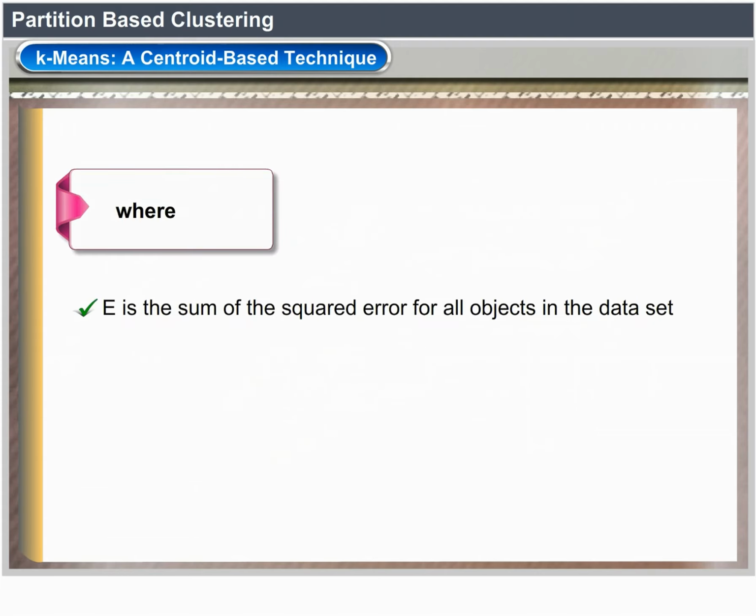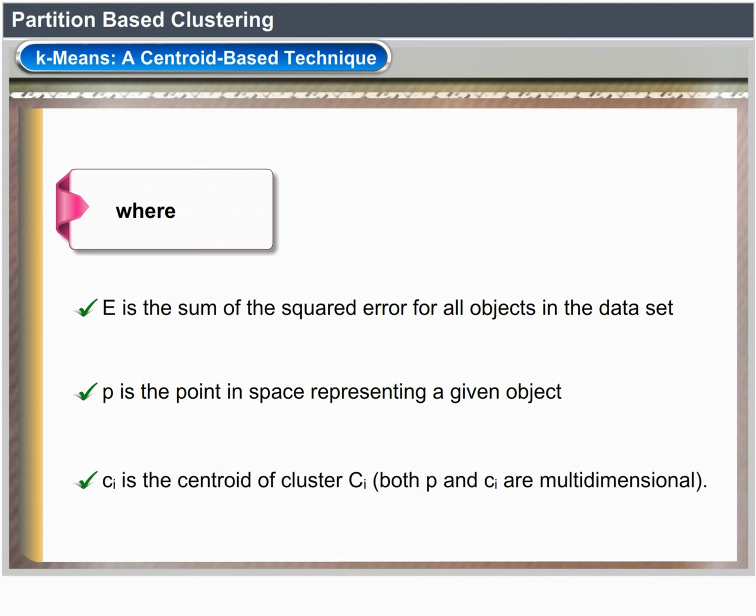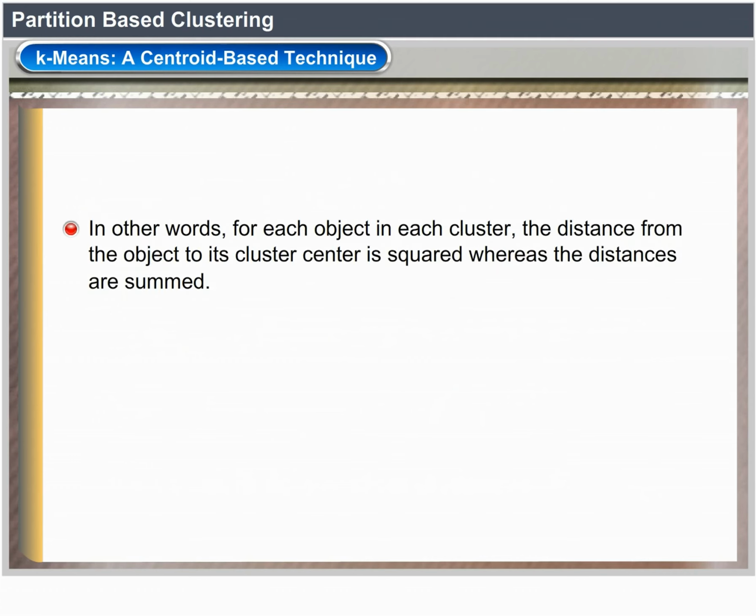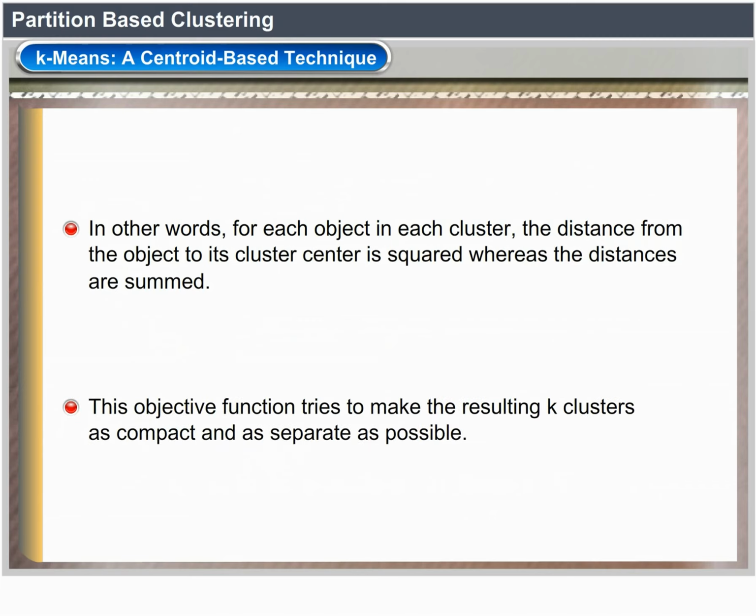Both p and ci are multidimensional. In other words, for each object in each cluster, the distance from the object to its cluster center is squared, and the distances are summed. This objective function tries to make the resulting k clusters as compact and as separate as possible.